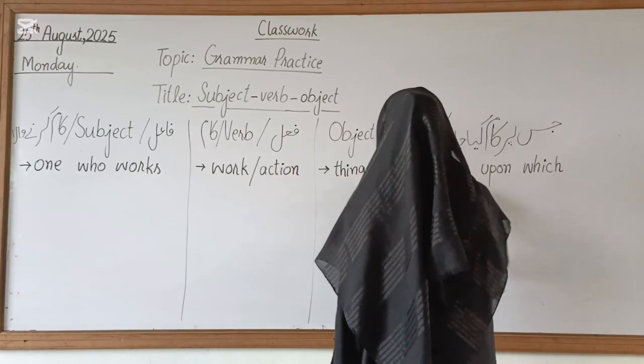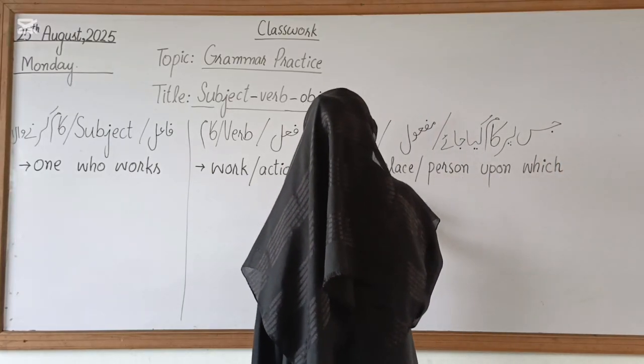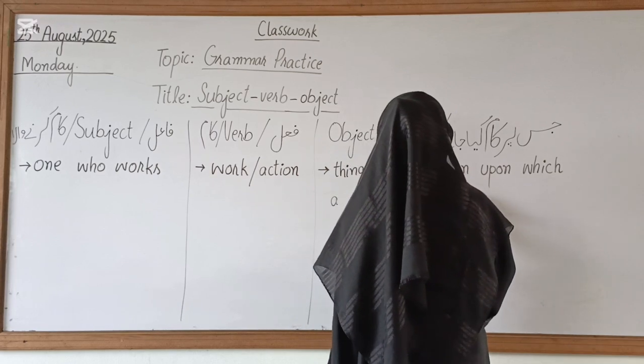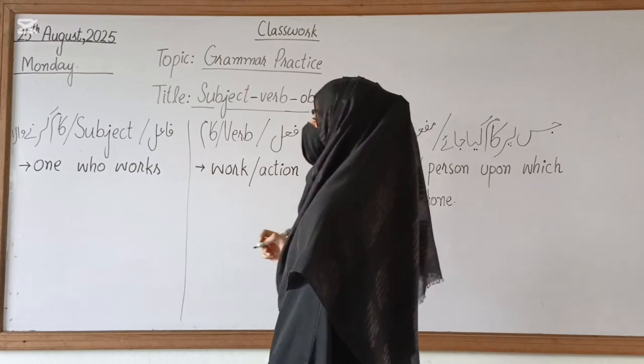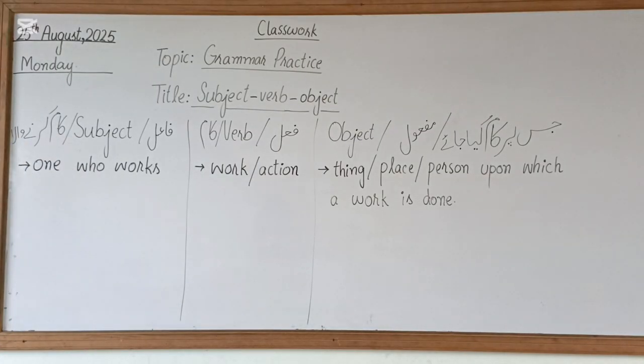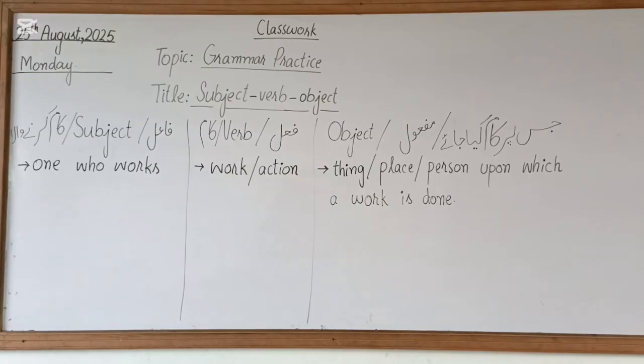Okay, getting my point or not? Say yes everybody, so that I know you are not sleepy heads. Okay, so subject is the one who works, verb is work itself, and the object is a thing, any place, person, or any animal.